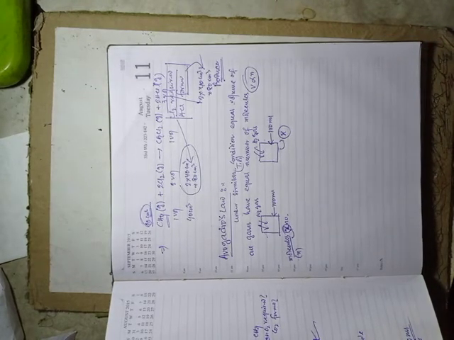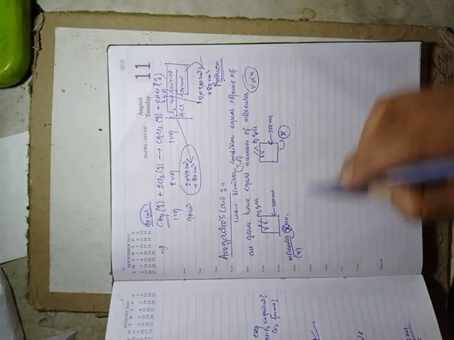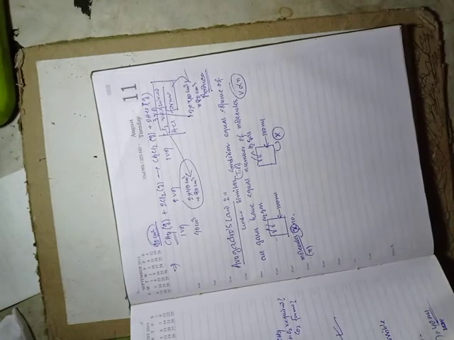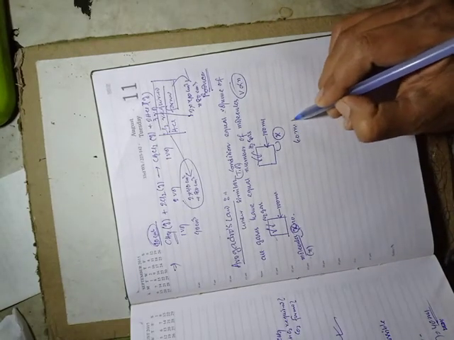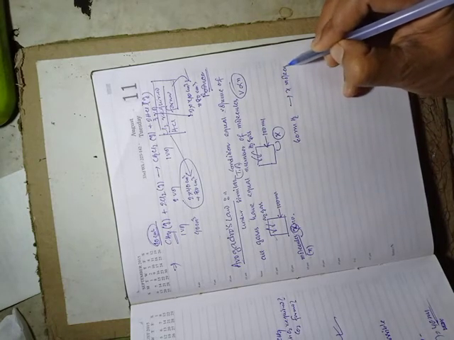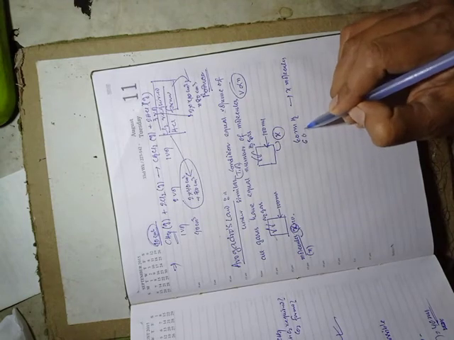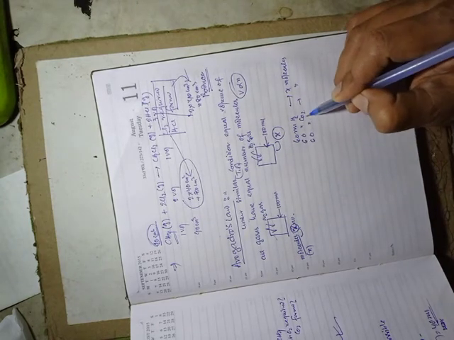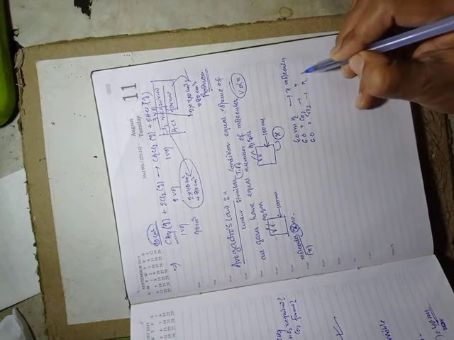Suppose 60 ml hydrogen has x molecules. That means 60 ml carbon dioxide also has x molecules, and 60 ml sulfur dioxide will have x molecules.